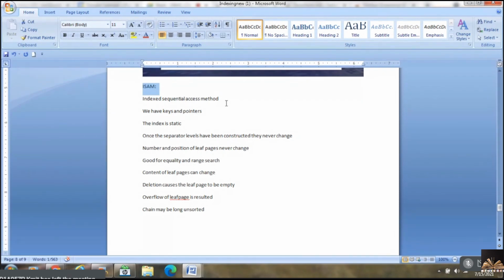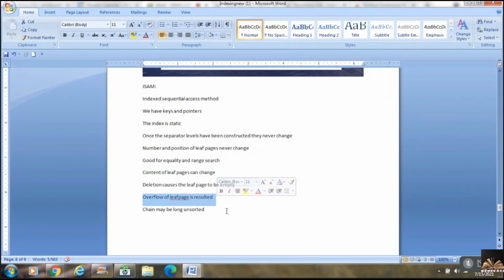The only thing here is that you would have overflow pages. If you are trying to add data, since the number of leaf pages never changes, you will have an overflow chain. That is what is written over here. Overflow of leaf pages results, and the chain may be long.